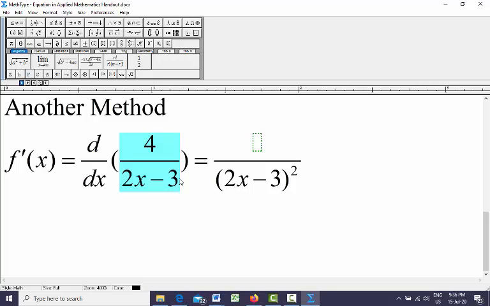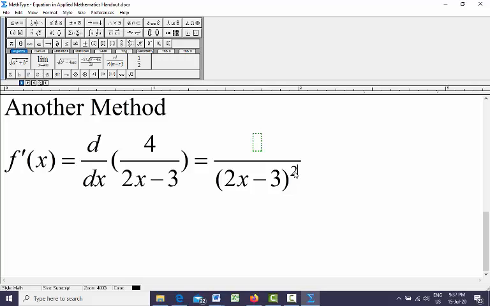When you apply the rule of division for differentiation, whatever you have in the denominator, you just square it. That means we have 2x minus 3 in the denominator, and we will square that.